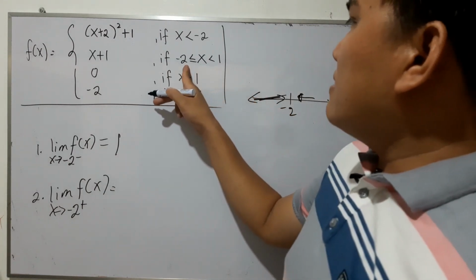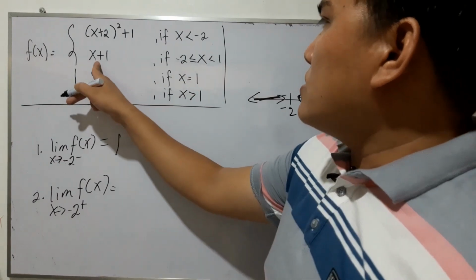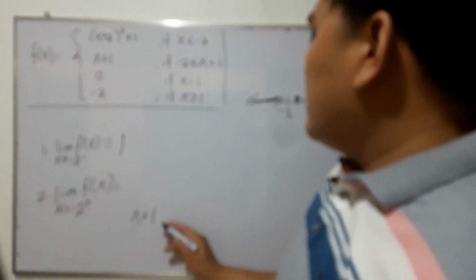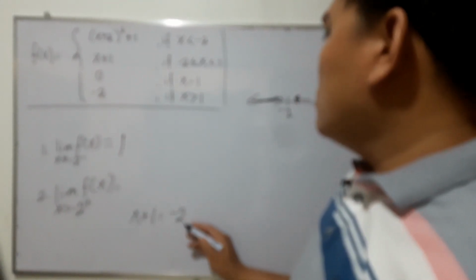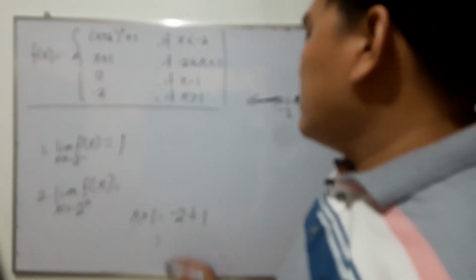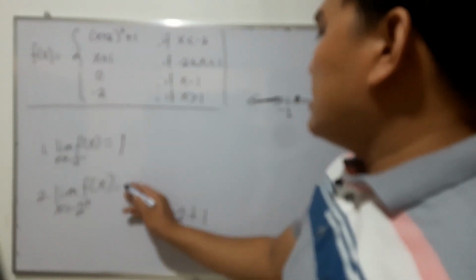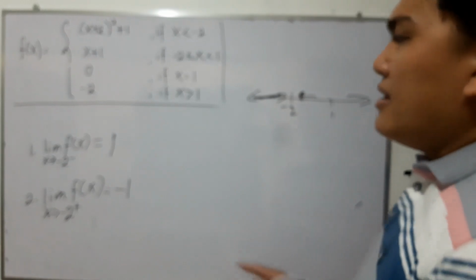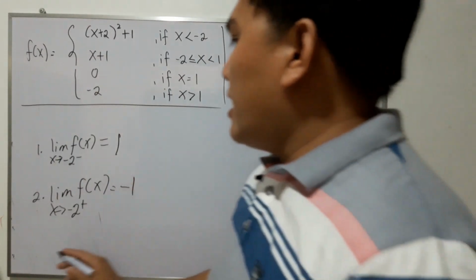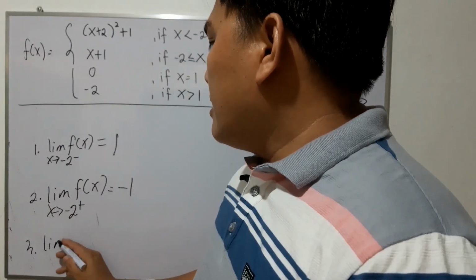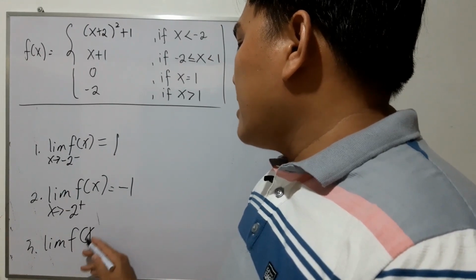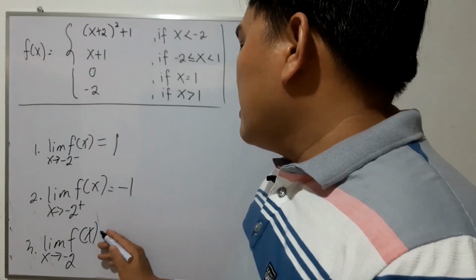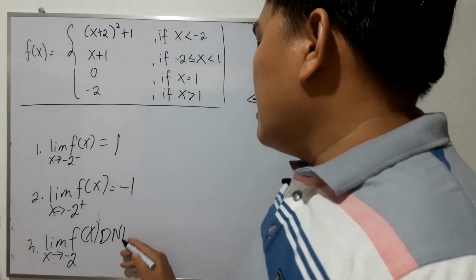So greater than -2 is here, so we have to substitute here. x plus 1 is -2 plus 1. So -1. And then, since these two are not the same, the limit of f of x as x approaches -2 does not exist.